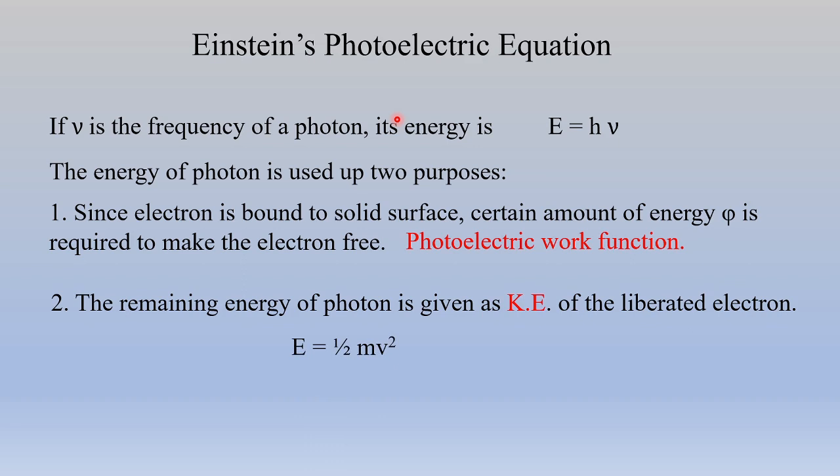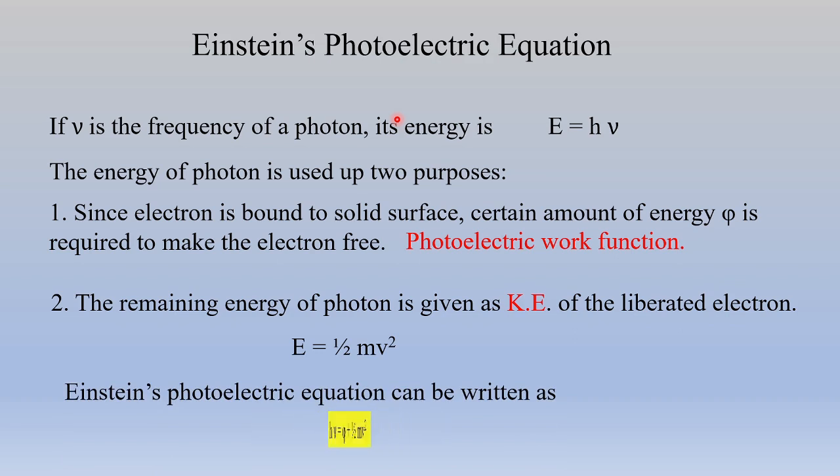Then Einstein's photoelectric equation can be expressed as: the energy of the incident photon equals the sum of the two parts of energy. That is, E is equal to h nu. h nu is equal to phi plus half mv square.